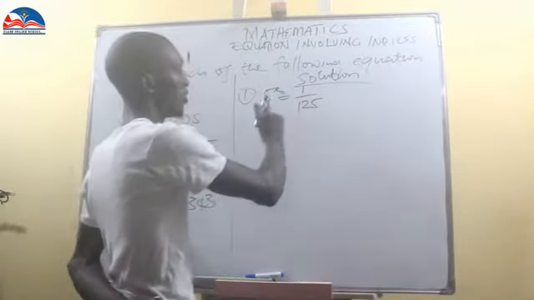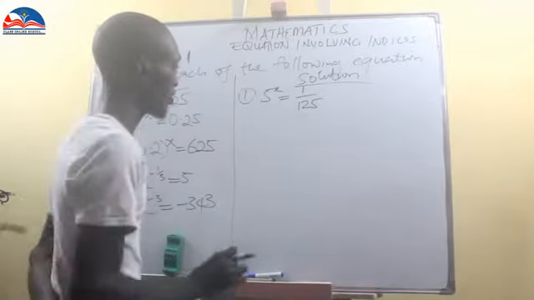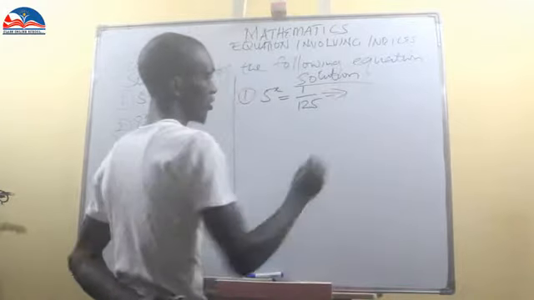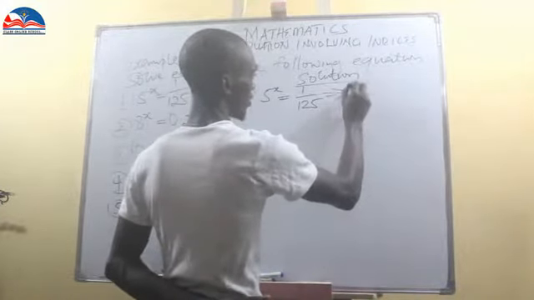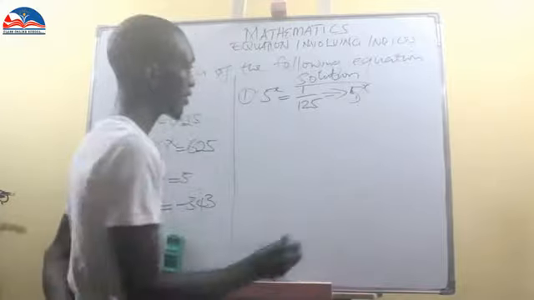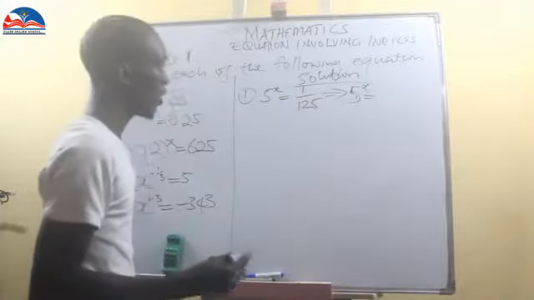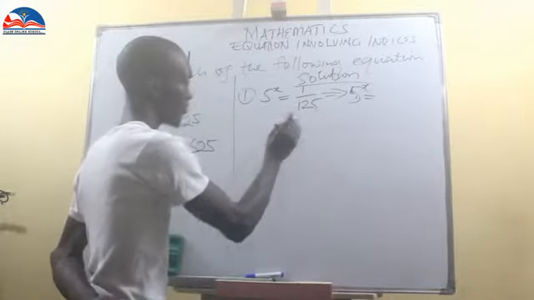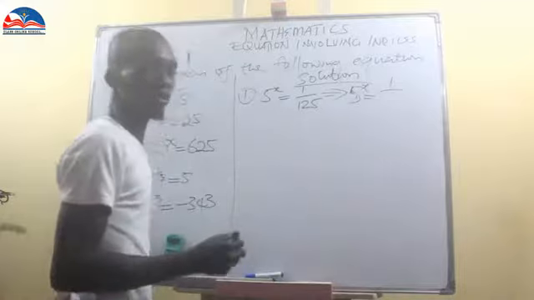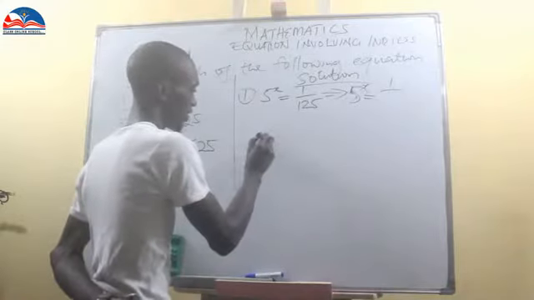So I have to put 125 in the same base as 5 here. 125 is the same thing as 5 index 3.